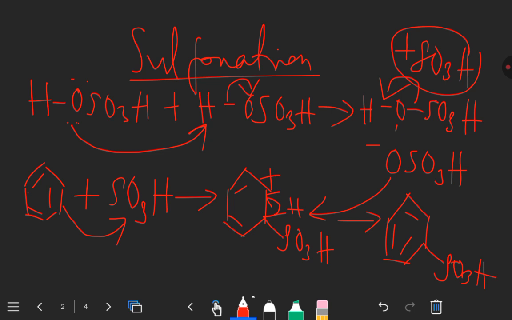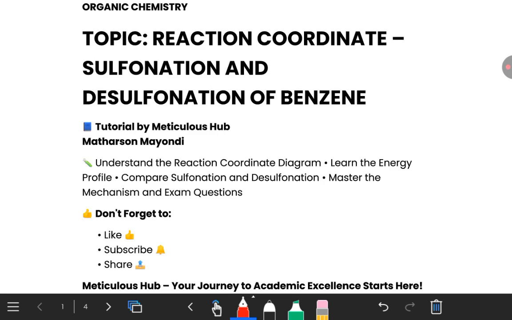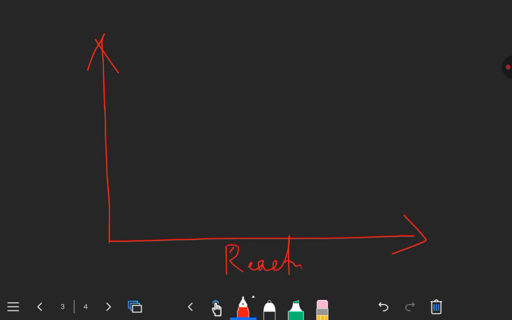Then, since we have our structure there, we can now draw the energy profile diagram, which we are calling the reaction coordinates for sulfonation and desulfonation. So for this diagram, we need to have the x-axis and also the y-axis. Then on the x-axis, we are going to say that is the reaction progress.